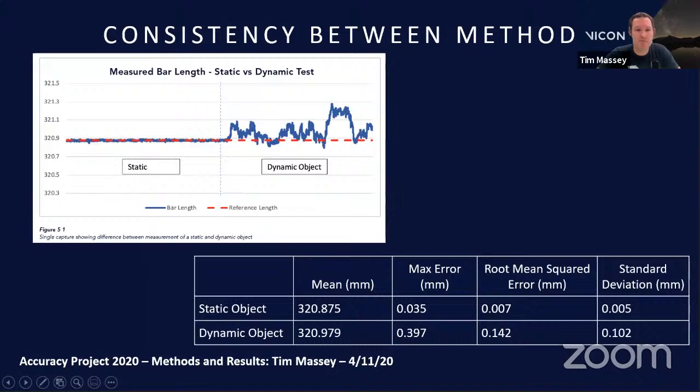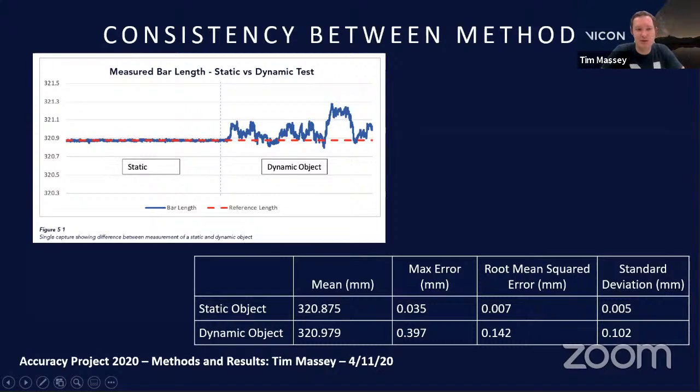What we're comparing here is the distance between the two ends of the bar, so two rigid body objects at each end, and looking at that distance and how it changes frame by frame. What you can see here is the dotted line is when we start moving the object. And the left-hand side is quite a different picture to the right-hand side, shall I say.